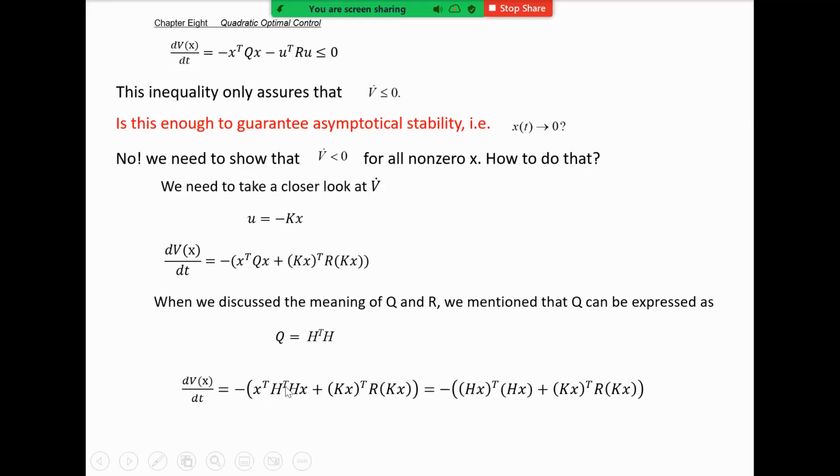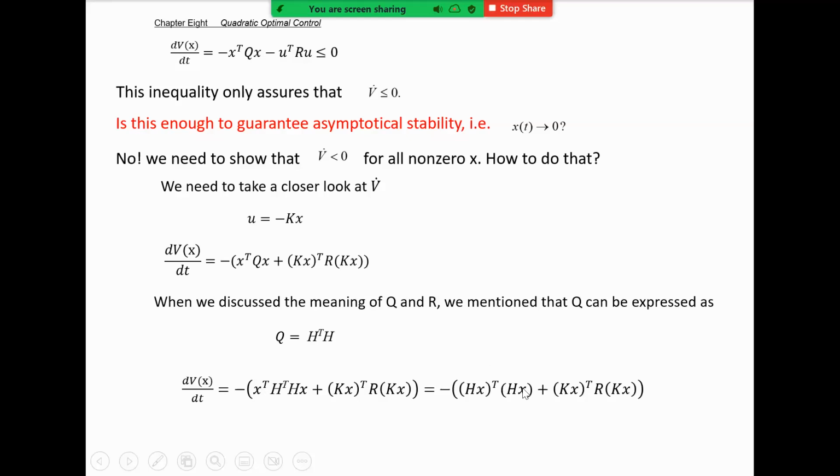So the first term essentially is just Hx transpose times Hx. If we consider Hx as a vector, it is the transpose of Hx times the vector itself, which is the inner product of the vector Hx.